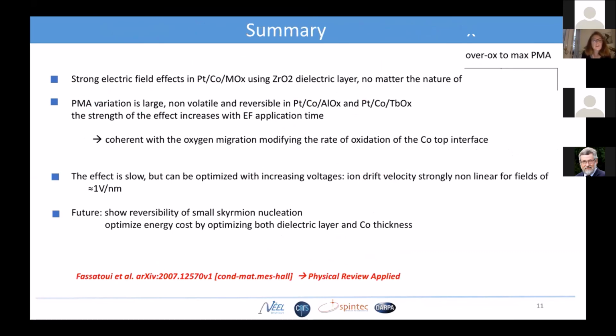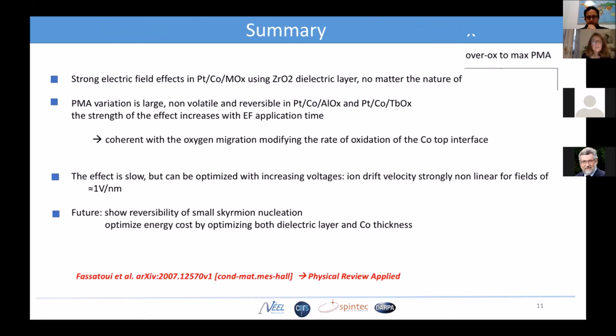I've shown you that strong electric field effects have been obtained in platinum cobalt oxide layers using zirconium oxide as the electric layer. No matter the nature of the oxide, this mechanism is working.